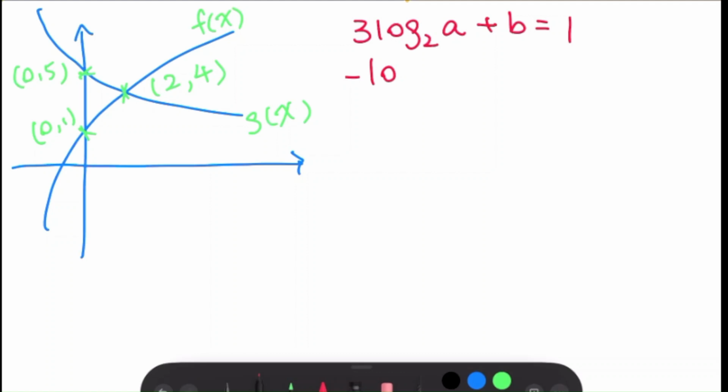Yeah, it just is. Log 3c plus 5 equals 5. And we land our first 2 equations here. Does this make sense as to how we end up here?